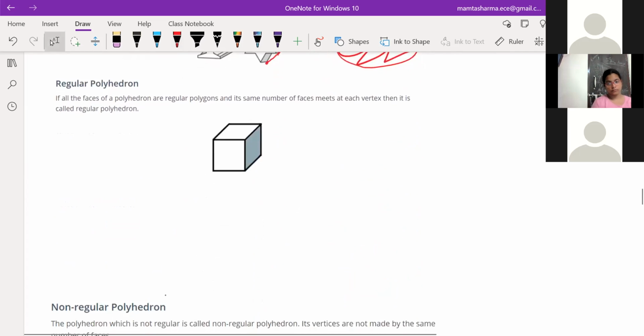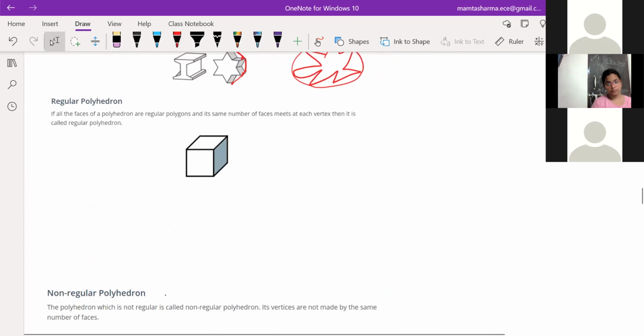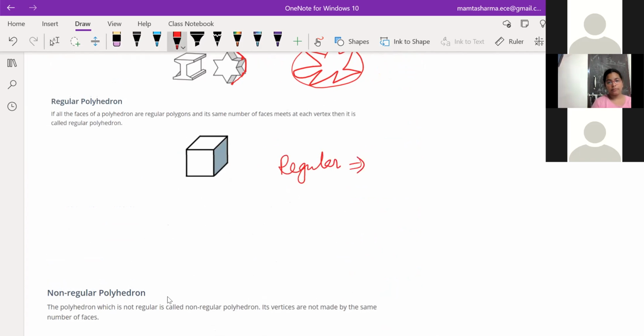Now regular and irregular. What do you mean by regular and irregular? In polygons, regular means when all the sides are equal.